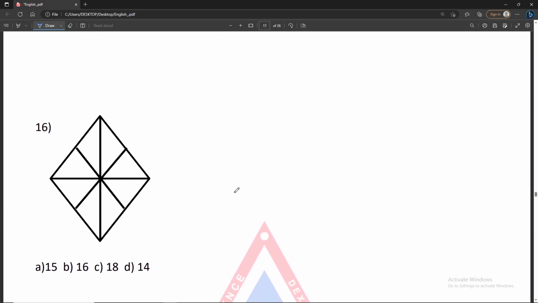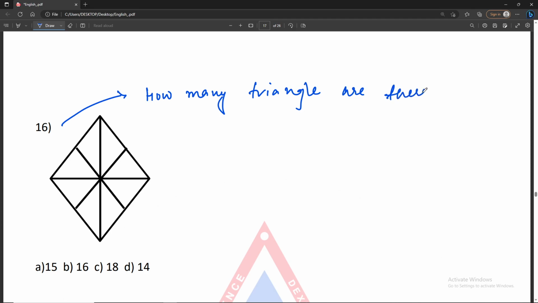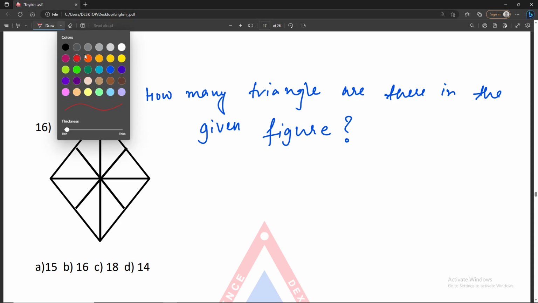So the next question here is, how many triangles are there in the given figure. So I'm just using another color.